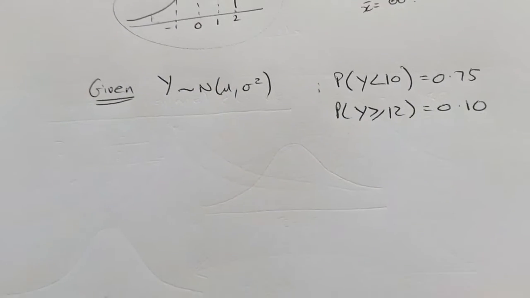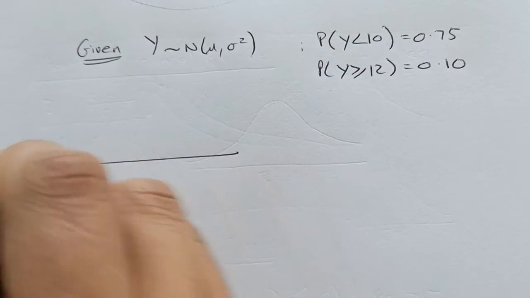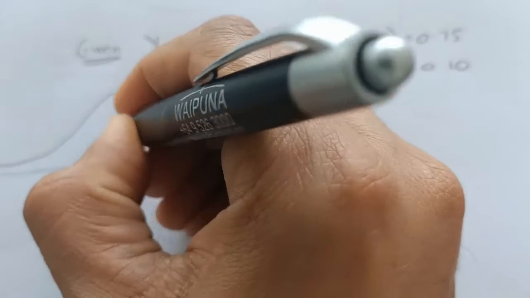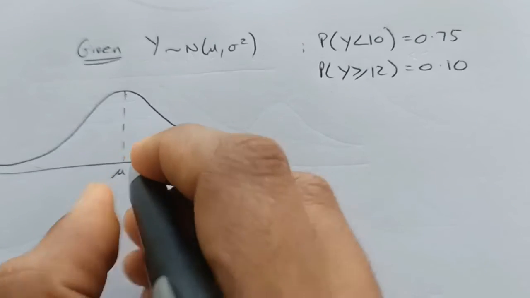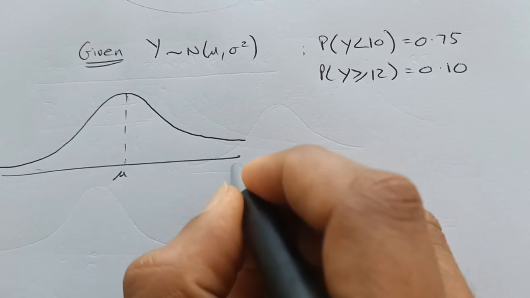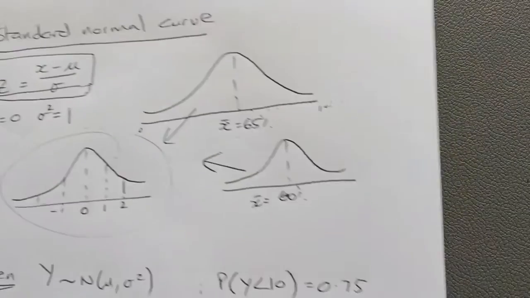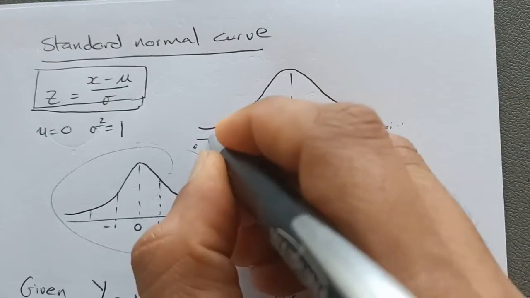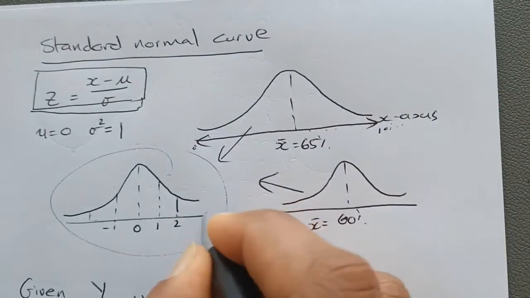If I have to sketch the curve for each of these, let's quickly sketch the first one. Remember, 0.75 is 75% of the data, and my mean is mu. If I look at my x-axis, just to reiterate, it's now changing.